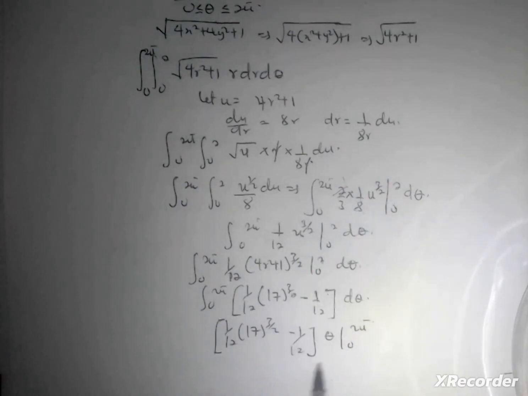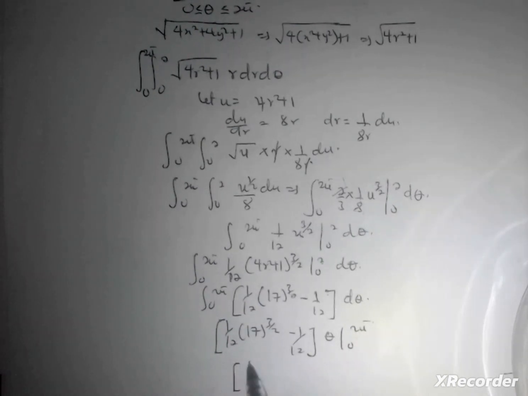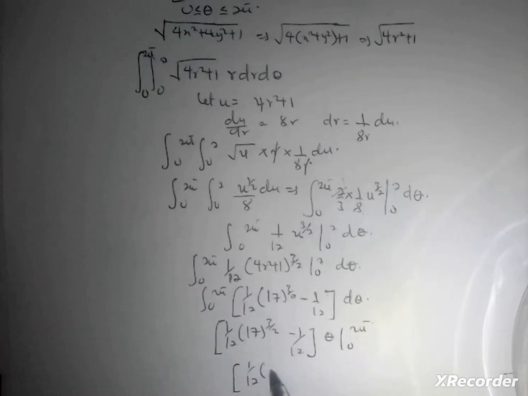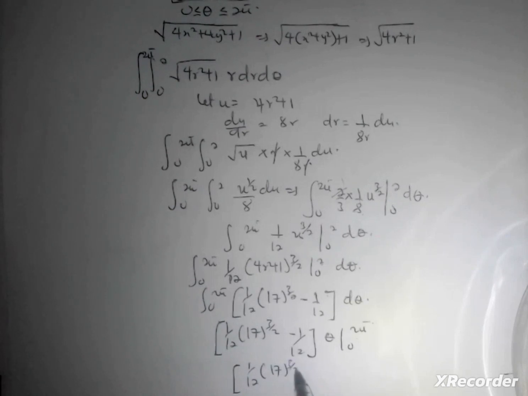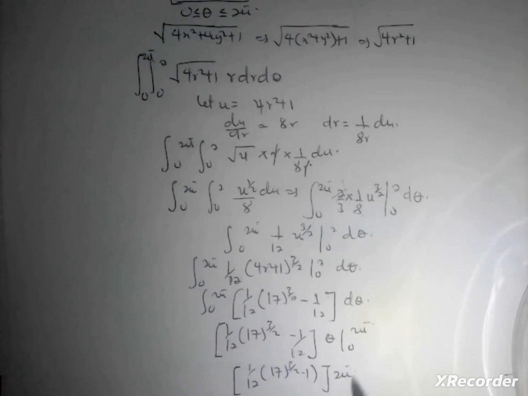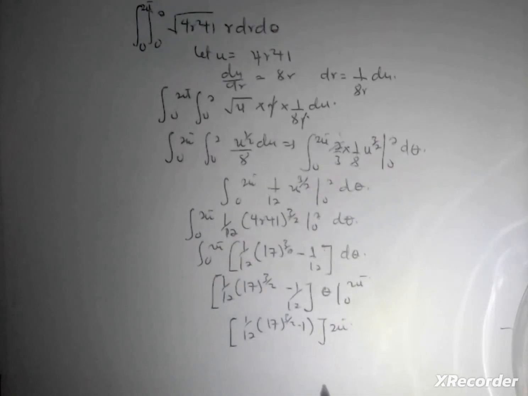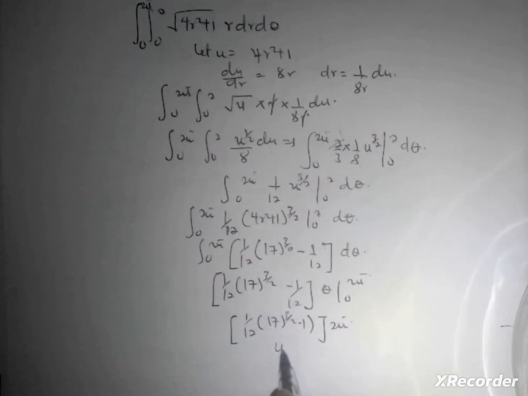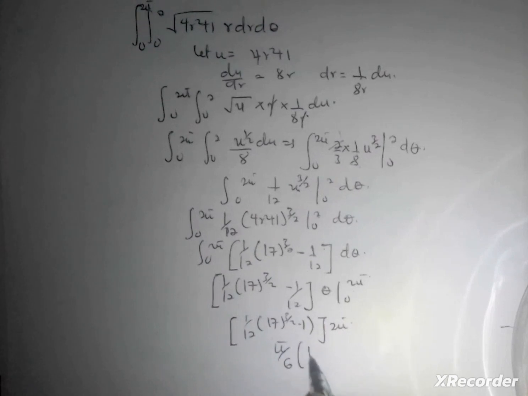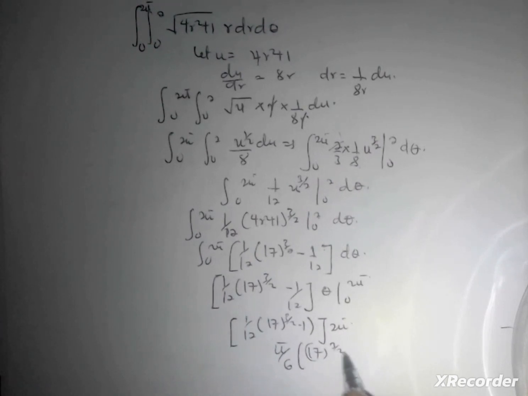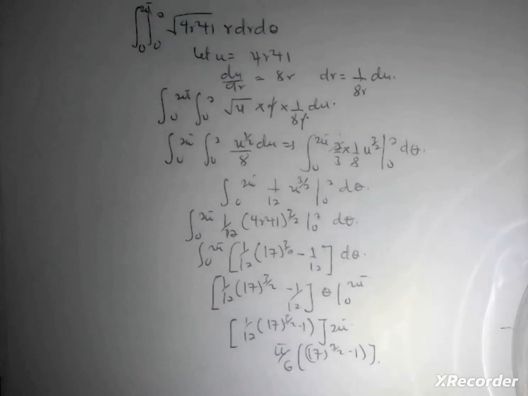When you put 0, everything will be 0, so we are interested in the upper limit. Our solution is simply 1 over 12 times (17 to the power 3 over 2 minus 1), multiplied by 2 pi. The 2 will cancel with the 12, so we get pi over 6 times (17 to the power 3 over 2 minus 1). You can leave it like this, or you can simplify further.